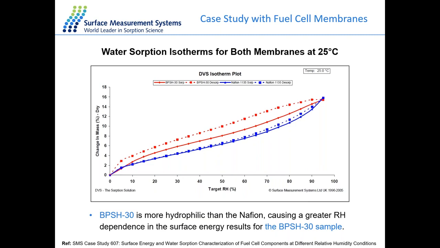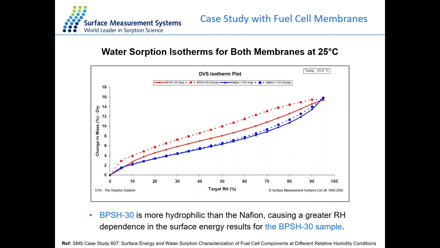Coupled with the changes in surface energy with humidity, the higher water uptake indicates the membrane properties are greatly affected by the amount of water present in the material, which should be a consideration in the real application for the fuel cell. And the water sorption result indicates the BPSH sample is more hydrophilic than the Nafion sample, causing a greater RH dependence in the surface energy result for the BPSH membrane.